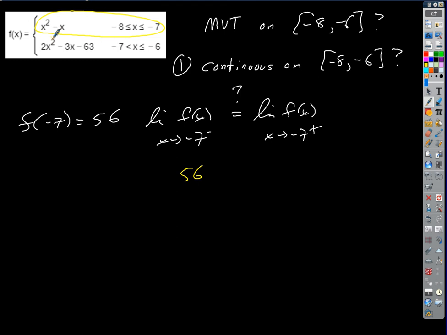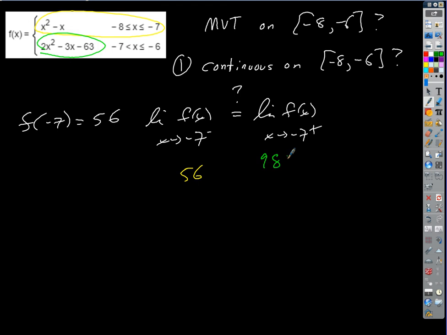I didn't write the whole thing down, but the limit of f of x as x approaches negative 7 from the left is the limit of that expression. As x approaches negative 7 from the left part doesn't really matter there. I'm just plugging negative 7 in and evaluating directly. It's an easy limit to take. What about the limit from the right? Here's the piece to the right of negative 7. So the limit of f of x as x approaches negative 7 from the right is going to be 2 times negative 7 squared, so what's that, 98?